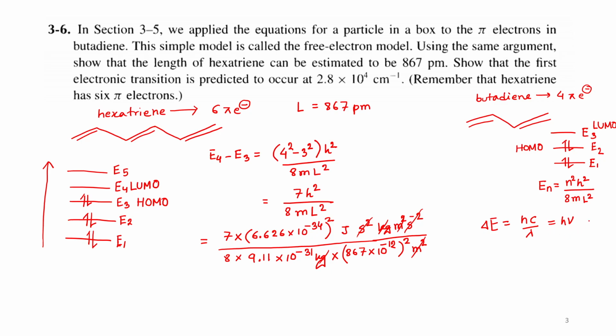In SI units it is joule. But when we express the energy in centimeter inverse, if we divide delta E by hc, we are left with 1 by lambda, which will come out in meter inverse or so, right?